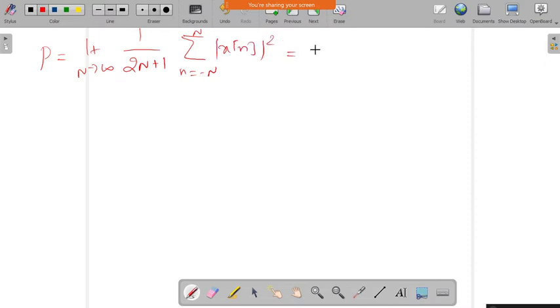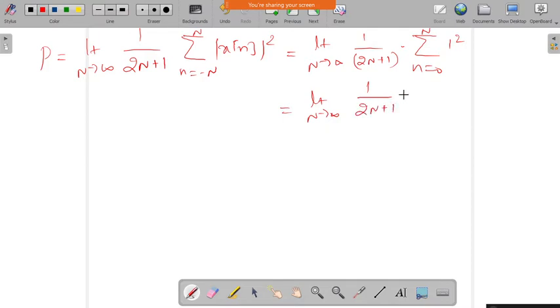This will give limit n tends to infinity 1 over 2n plus 1 into the summation from n equal to 0 to n of 1 square, which we can write as n plus 1. So this will be limit n tends to infinity, n plus 1 divided by 2n plus 1.